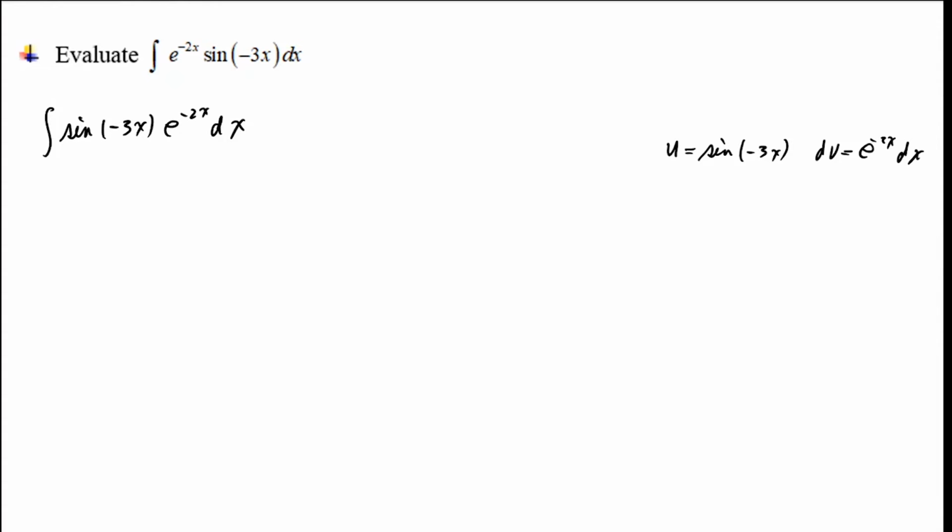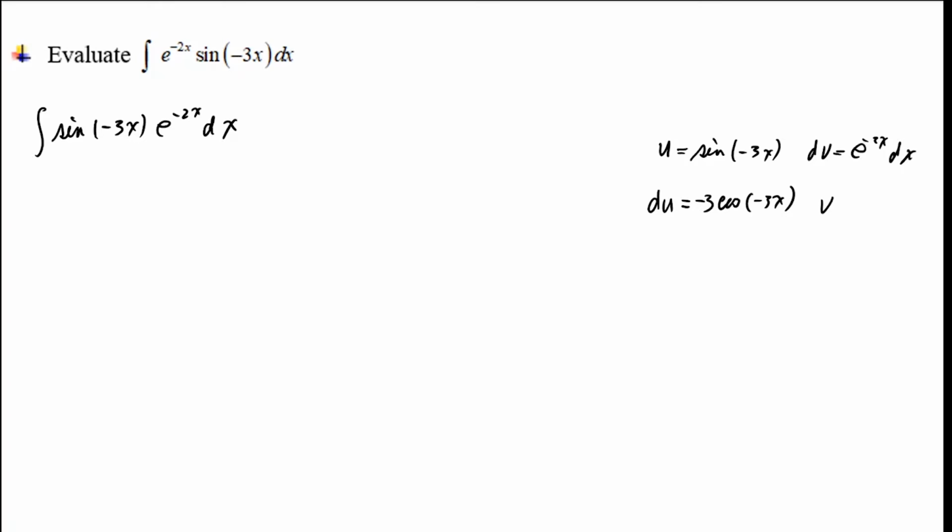So far so good? Okay, so I differentiate this one. So this is going to be cosine negative 3x, and then chain rule. Good. And v is e to the negative 2x and reverse chain rule. Like that, eh? You with me?